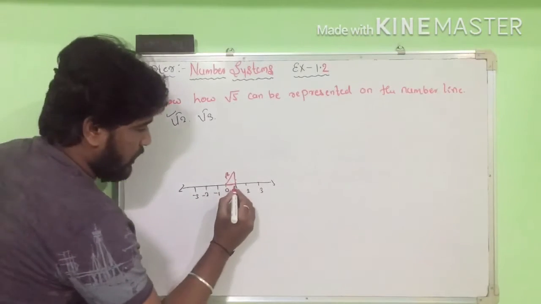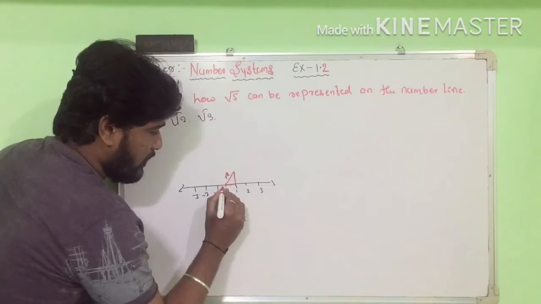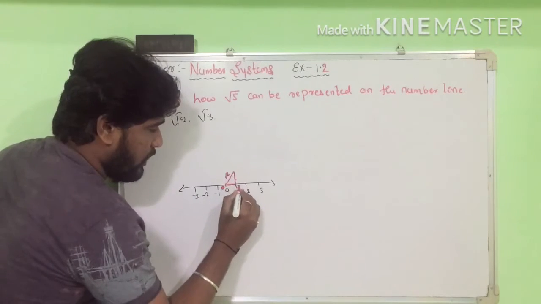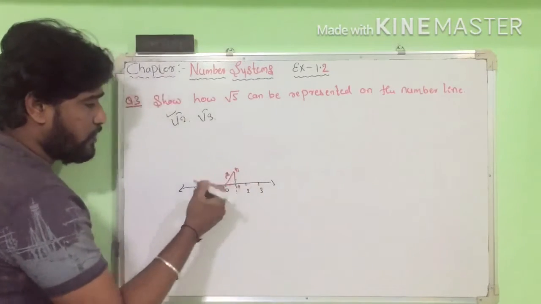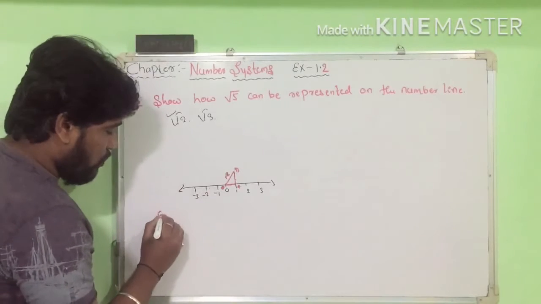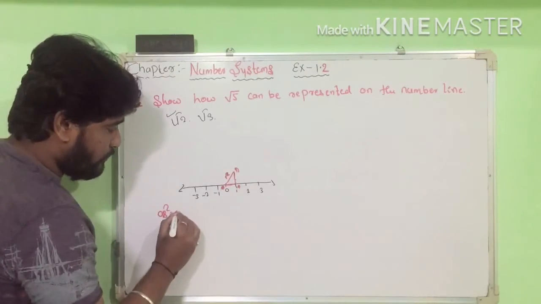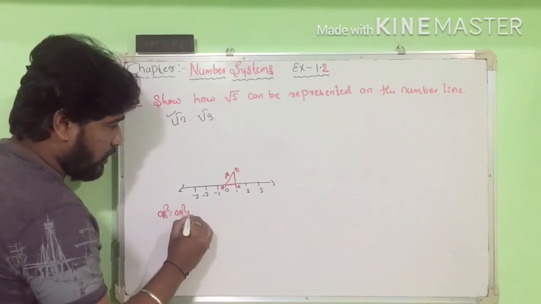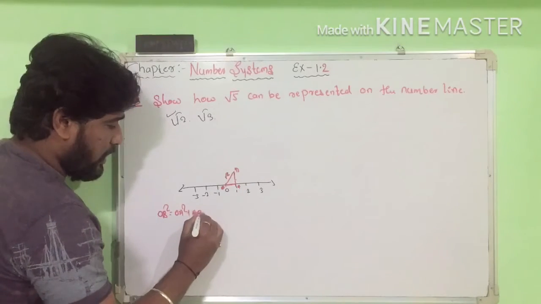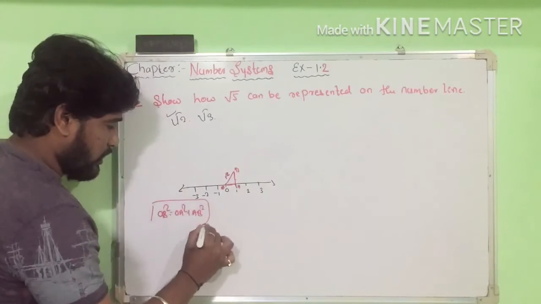So how? Let us give names here: O, A, B. So using the Pythagoras theorem, we know that OB square is equal to OA square plus AB square. So it is the Pythagoras theorem, right?